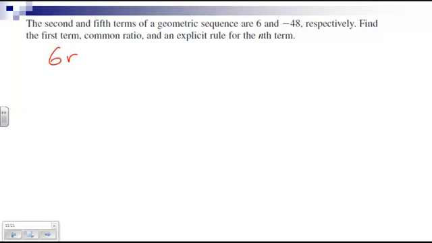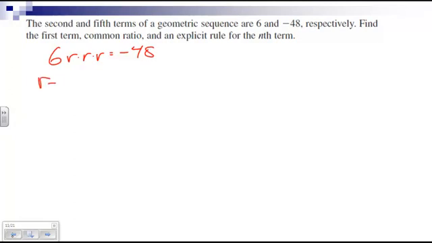If 6 is the second term, and I multiply it by some unknown ratio, I'm at the third term. Fourth term. Fifth term. And where do I end up when I get to the fifth term? Equals negative 48. I started at the second term, I got to the fifth term.